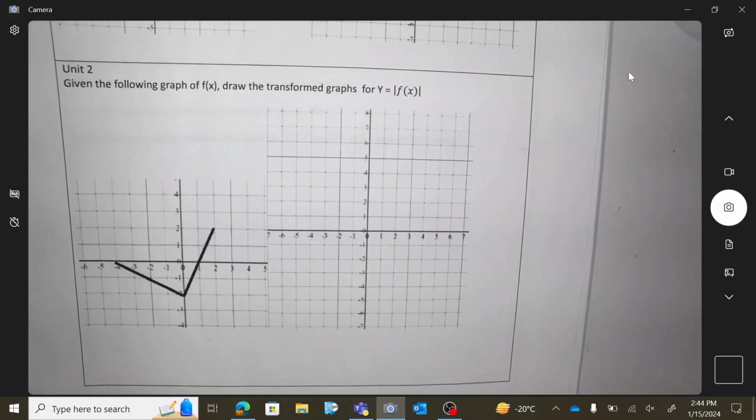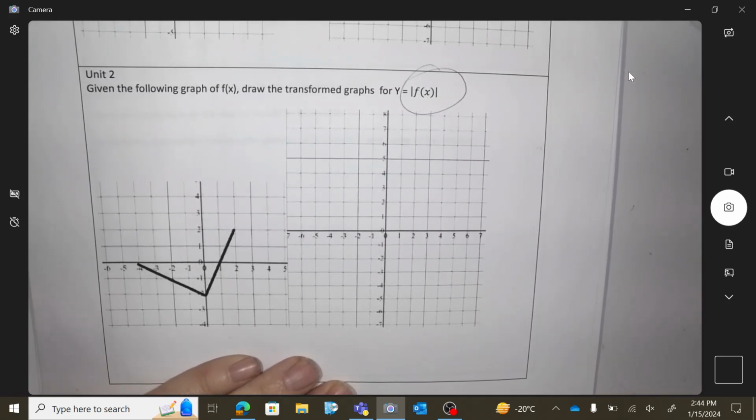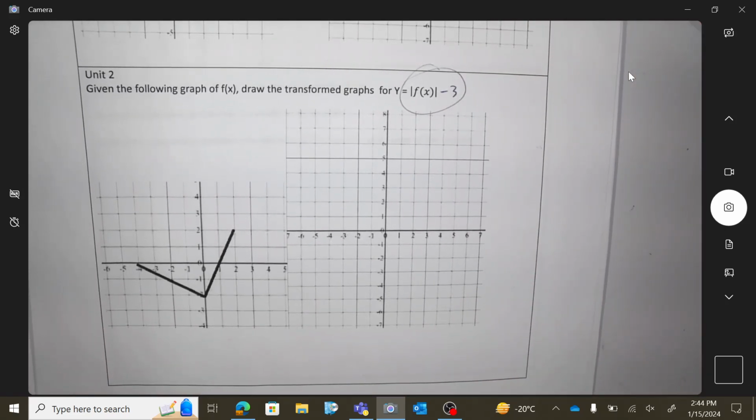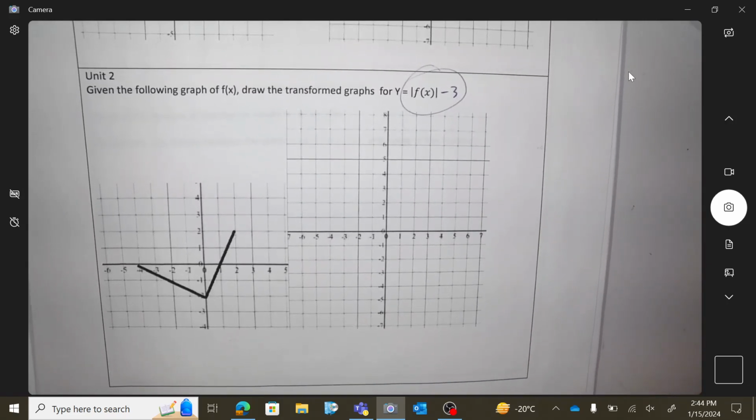Okay, so this one, absolute value, let's go minus 3 at the end of it though. I'm just going to make it harder so you know what to do.